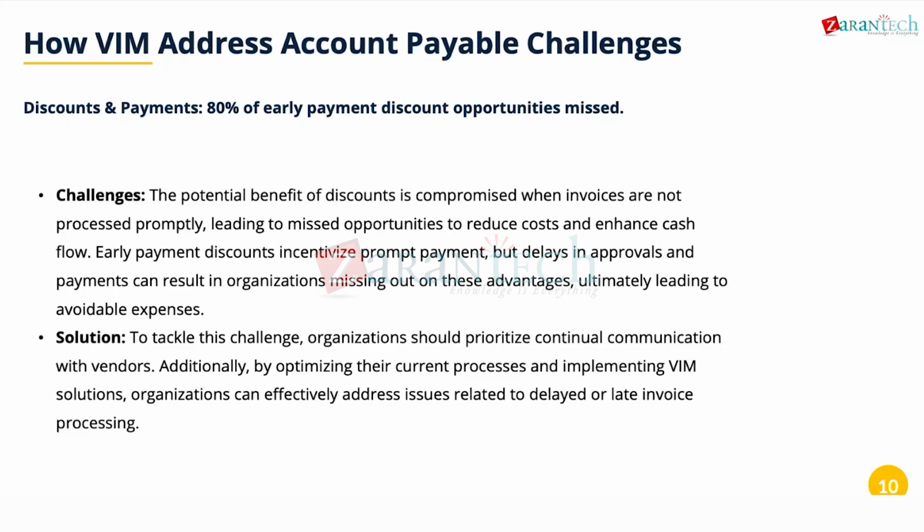It all depends on whether the vendor wants to have the cash early, or whether he wants the full cash with adjusted payment terms. So it all depends on the business scenario, the organization, and the vendor as well. This is why 80% of the early payment discount opportunities are missed. This is how the VIM solution can help you here.